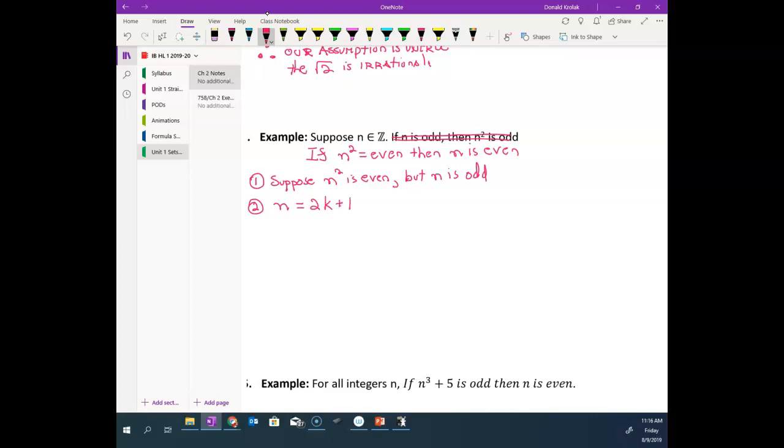That's what makes odd numbers. An odd number is equal to 2 times some integer plus 1. All right. Now what?